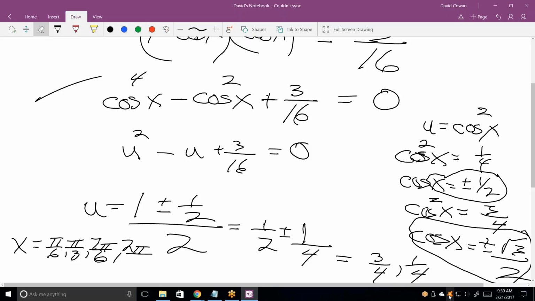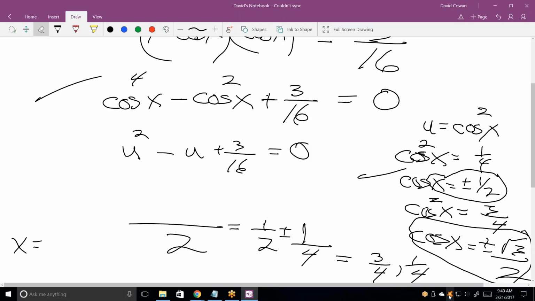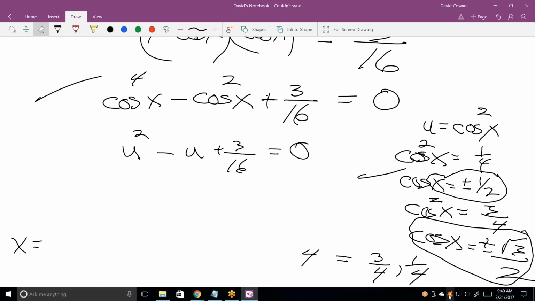Let me go back. It confuses my brain. In other words, let me solve that one first, because that's going to produce 4 answers, and then this is going to produce 4 more answers. So I think it in total produces 8 answers. Let me erase this so I got room to write. I'm going to have 8 answers.